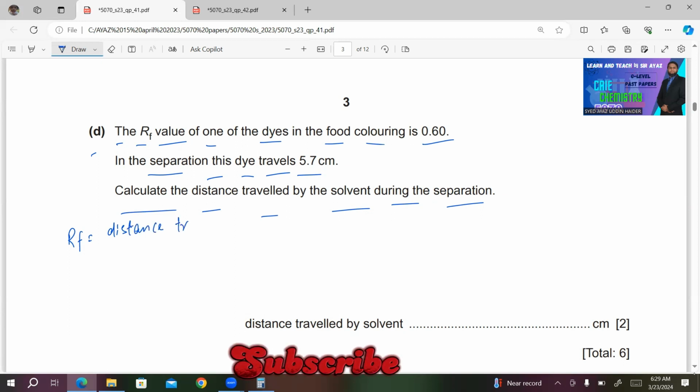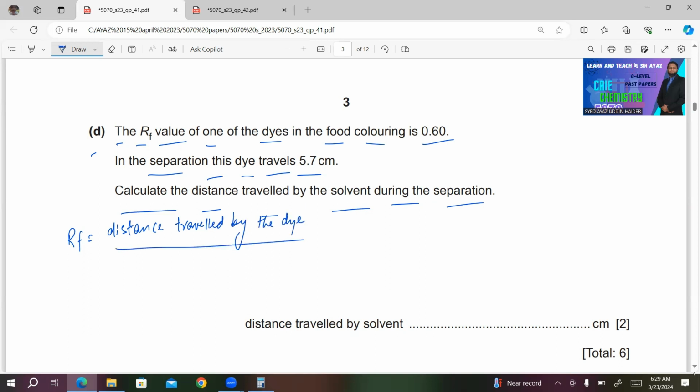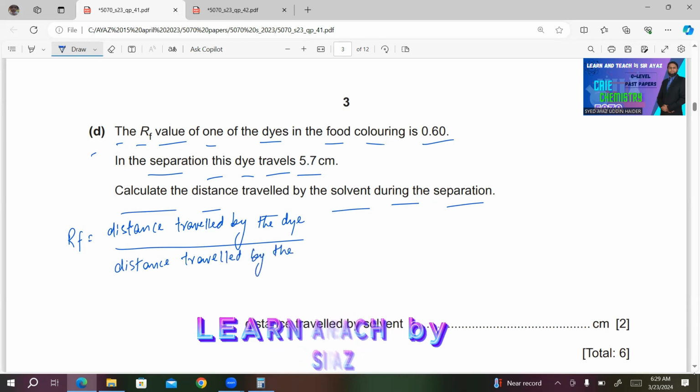RF is equal to distance traveled by the solute, here in this case it's a dye, divided by distance traveled by the solvent.